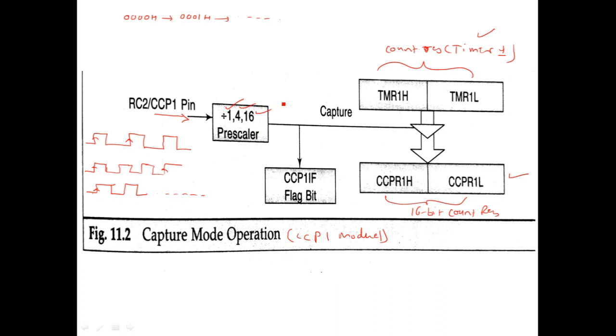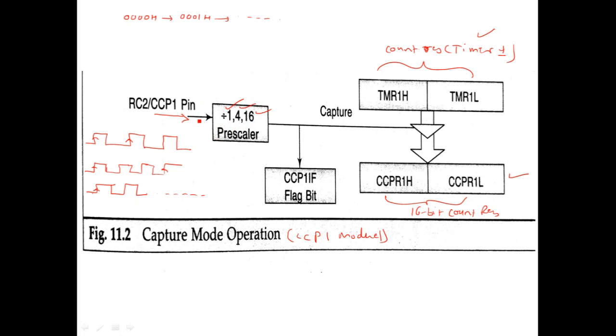Also it is possible that this count can be captured at the falling edge. Instead of the rising edge, you can program this module to capture the count at the falling edge. So it may be every falling edge, or every 4th falling edge, or every 16th falling edge.